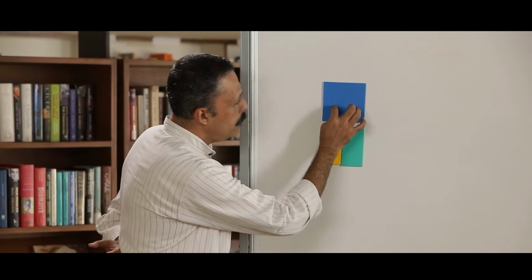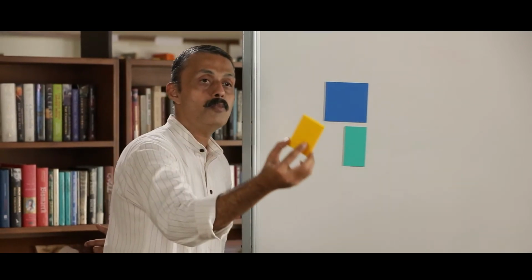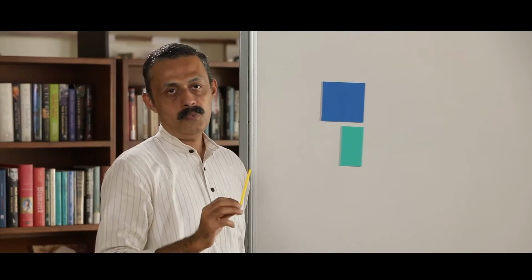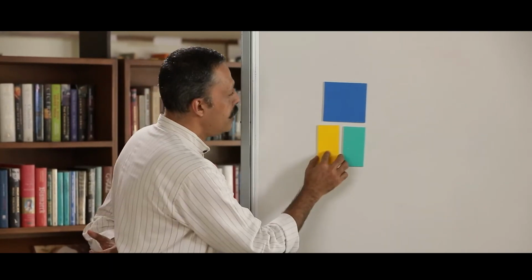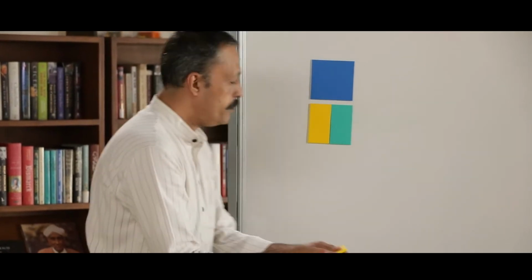When we divide the full object into two equal portions and hand over one to you, you get one. That is, what you have is one portion or one of the two equal parts.